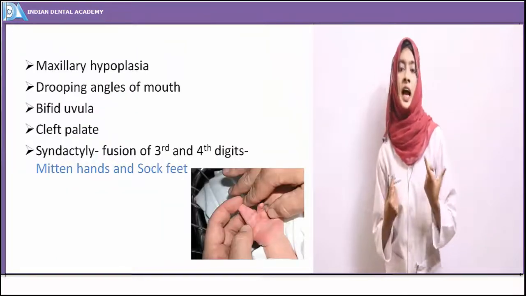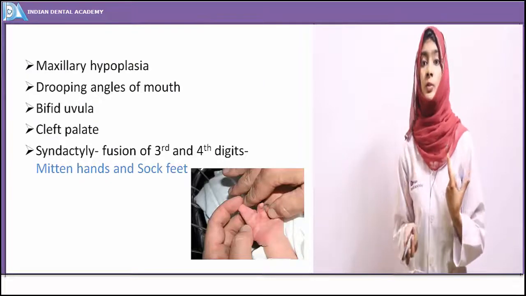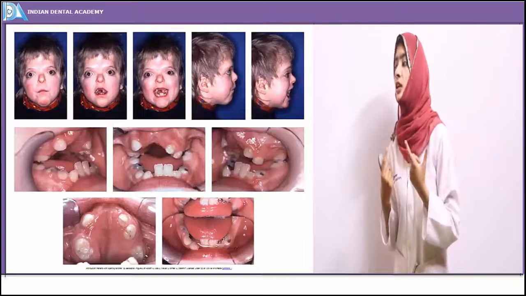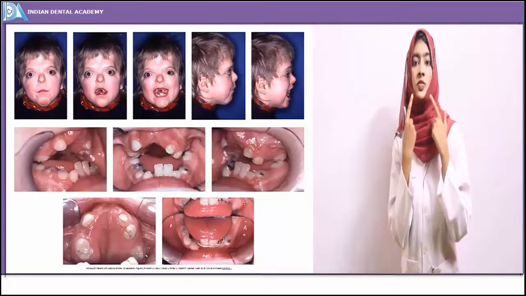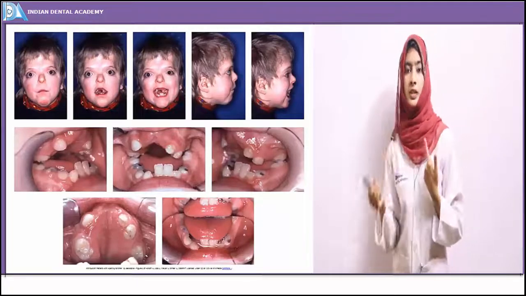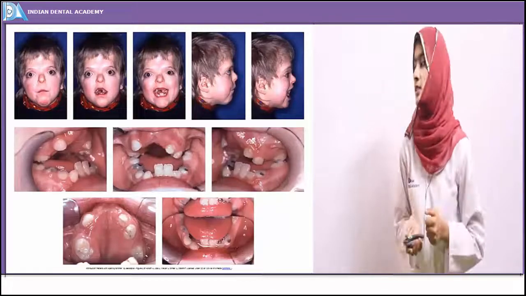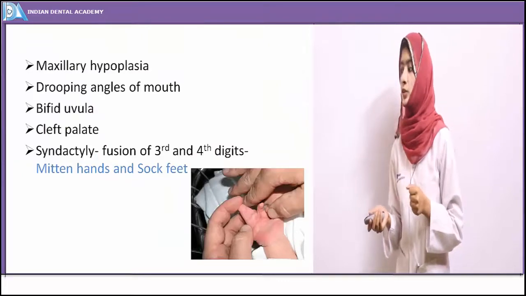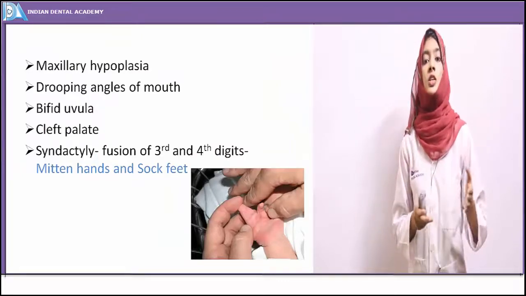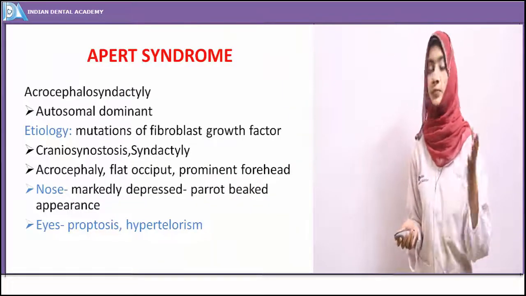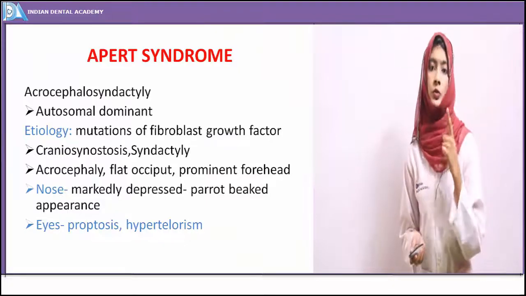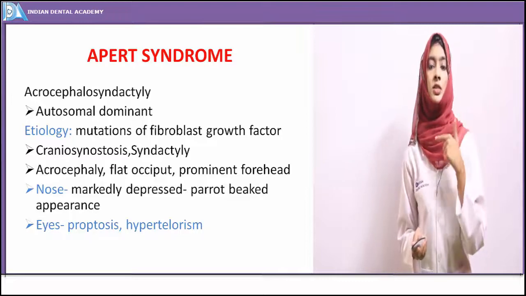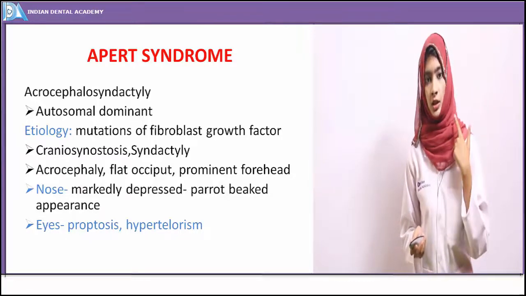Because of the maxillary hypoplasia and the low set ears, the drooping angles of the mouth appear like an inverted smiley, a downward C-shape, and there is presence of bifid uvula. So we have seen the skeletal manifestations, the appearance of the nose, the eyes, and the manifestations seen in the oral cavity.